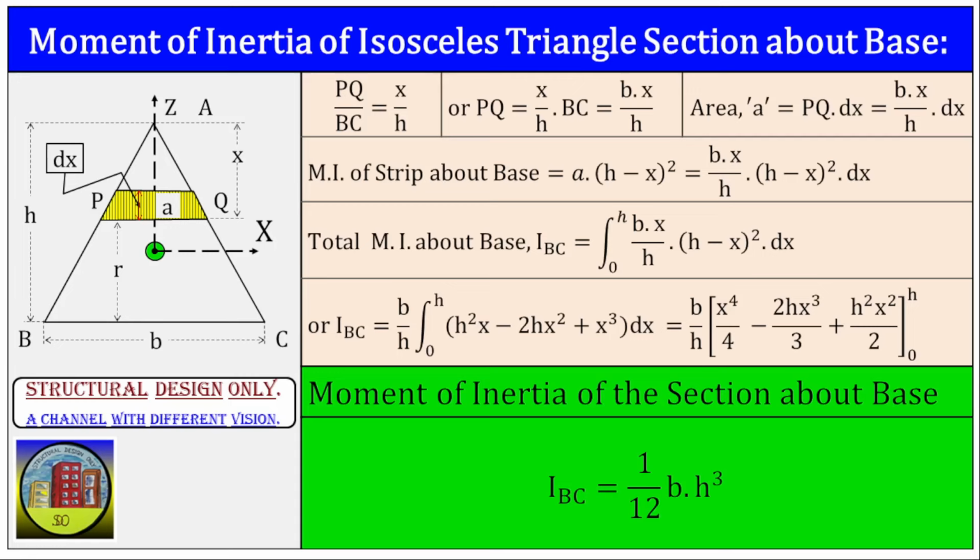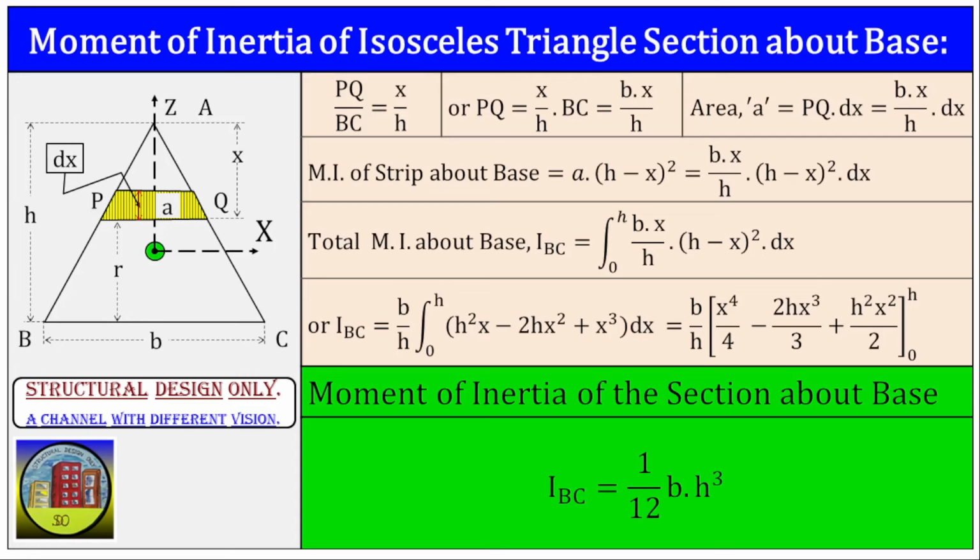Consider an infinitely small section of length pq, at a distance x from the apex of the triangle, with thickness dx. The rate of change of horizontal length is (b minus 0) by h, which equals b by h. Therefore length pq equals b into x by h.